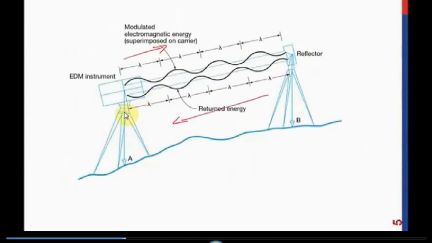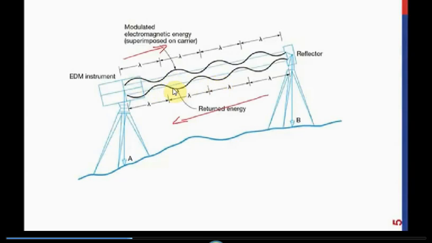So we have the device, EDM instrument, electronic distance measurement instrument. It emits a pulse or a wave which travels from the instrument to the reflector. So we have kept the instrument at point A and we have kept the reflector at point B, and we want to measure the distance from point A to point B. The instrument at point A will emit a wave.